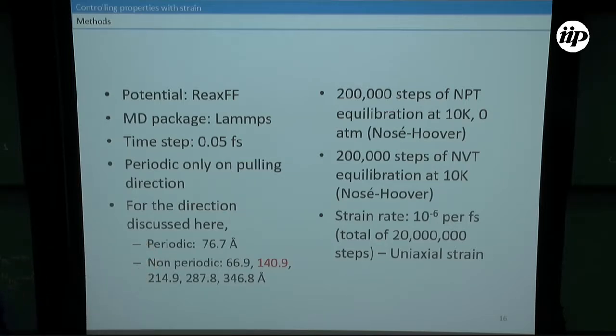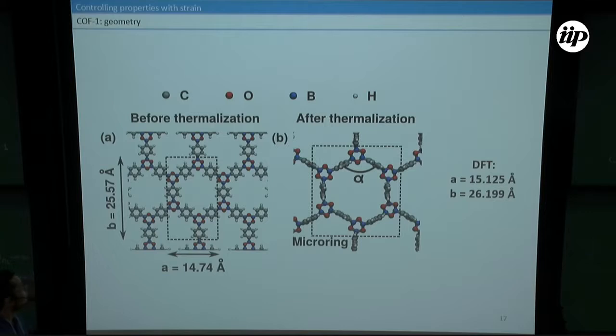We made sure to test different widths of the non-periodic cells, so we are sure that we are not seeing behavior that's specific to the nanoribbons. And we apply the strain rate that I'm describing there. In our work, we are applying uniaxial strain. So this is the geometry before we actually perform the pulling.